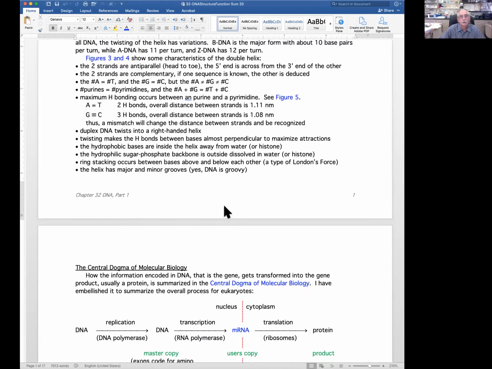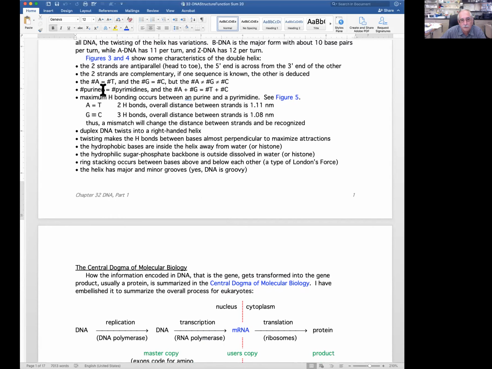So here's some characteristics. The two strands are anti-parallel, which is head to toe. The two strands are complementary. And the number of A's should equal the number of T's. And the number of G's should equal the number of C's. But all the other ones are not necessarily equal. The number of purines equals the number of pyrimidines.